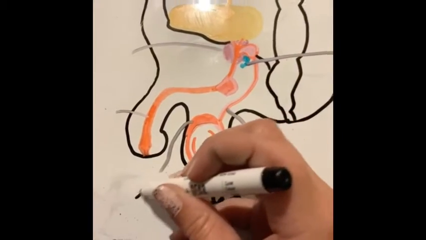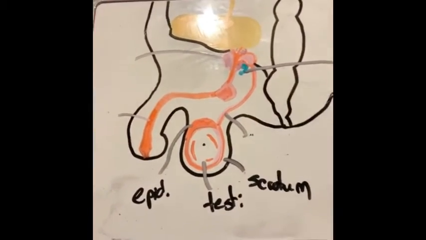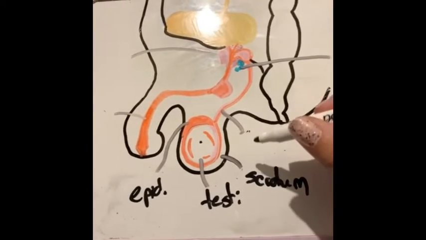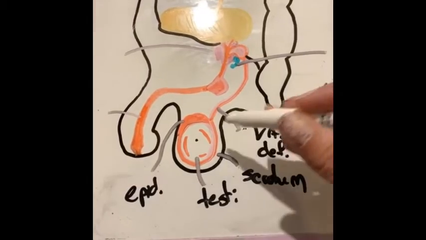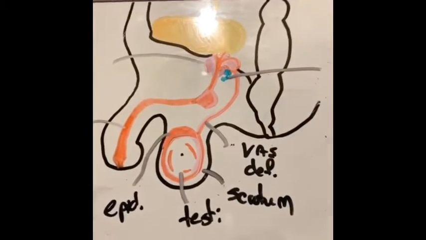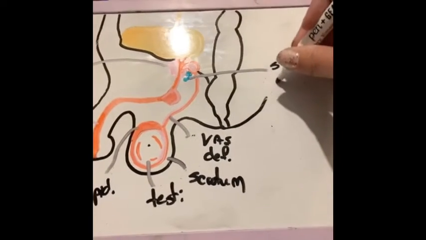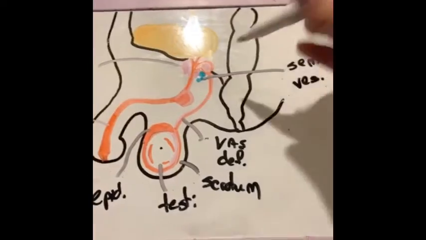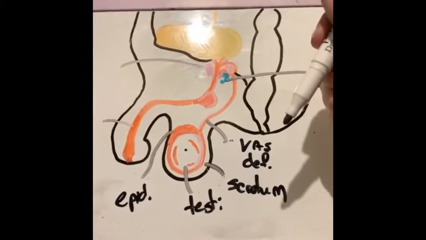Here we have the epididymis, which is where the sperm go to mature and to gain movement. We have the vas deferens over here, which really just transports the sperm up here. And up here we have the seminal vesicles, which produce fluid that aids in the pH balance.